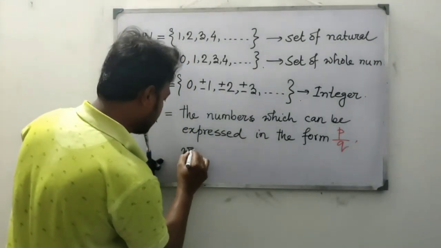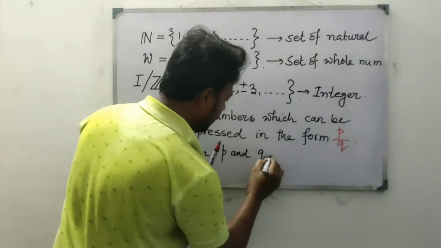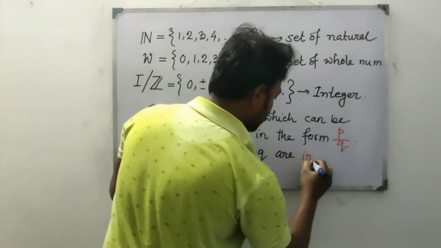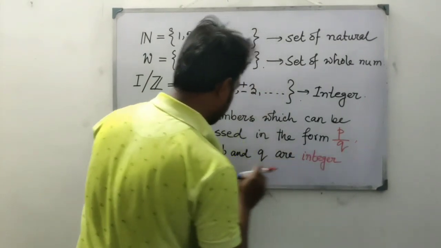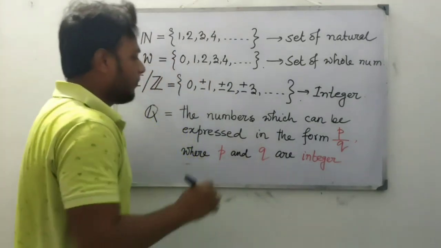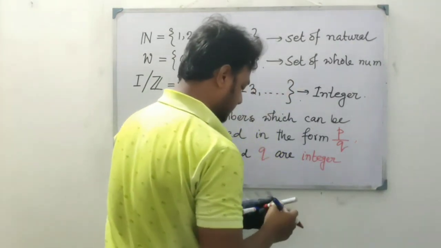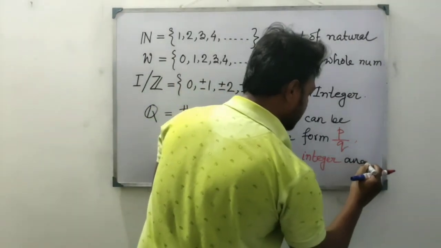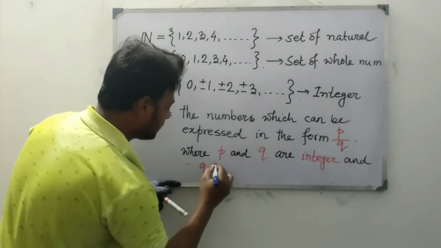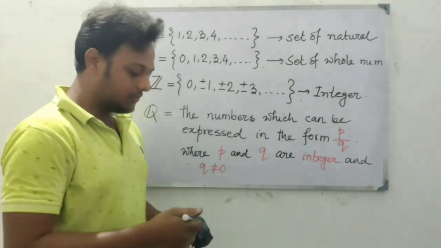This is a very important part: where P and Q are integers, and one more important part, that Q not equals to 0. Understood? Q not equals to 0.